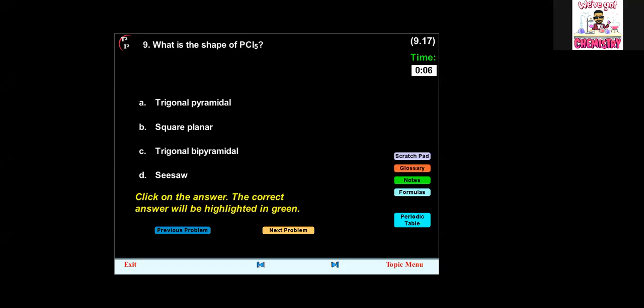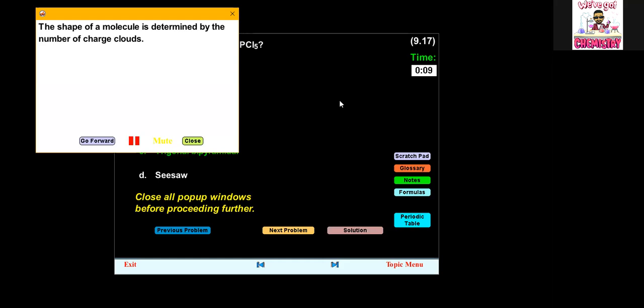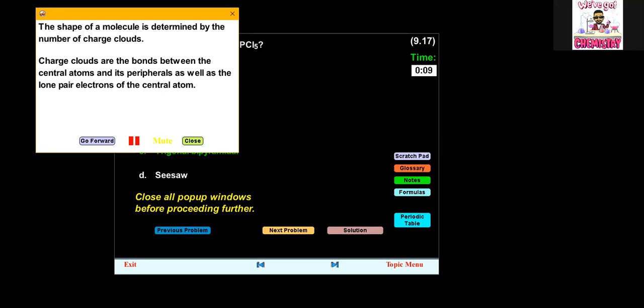What is the shape of PCl5? The shape of a molecule is determined by the number of charge clouds. Charge clouds are the bonds between the central atom and its peripherals, as well as lone pair electrons.